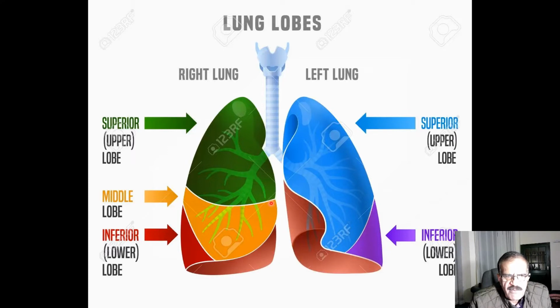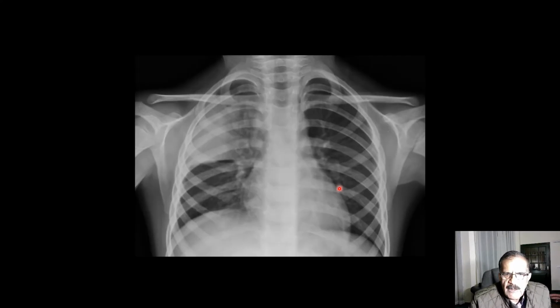So after learning about the basic anatomical details of the normal lung, let's see how these abnormalities, the consolidations or lobar pneumonia, affect these lobes. Now I'm going to show you some X-rays, and then we'll describe them. This X-ray chest shows some abnormality, and it is quite obvious that this area is not normal.